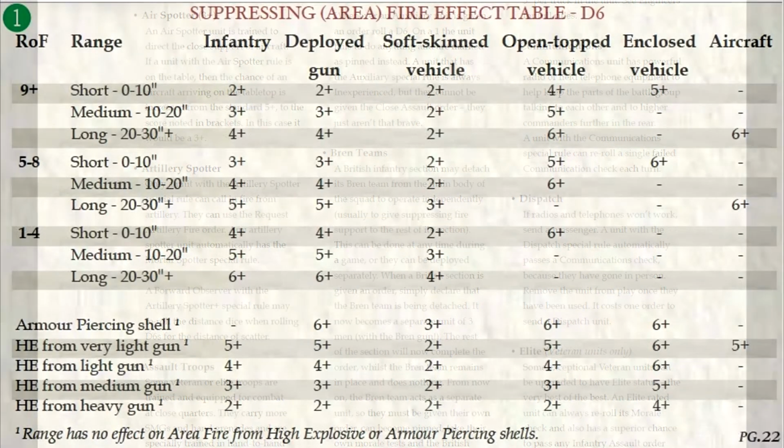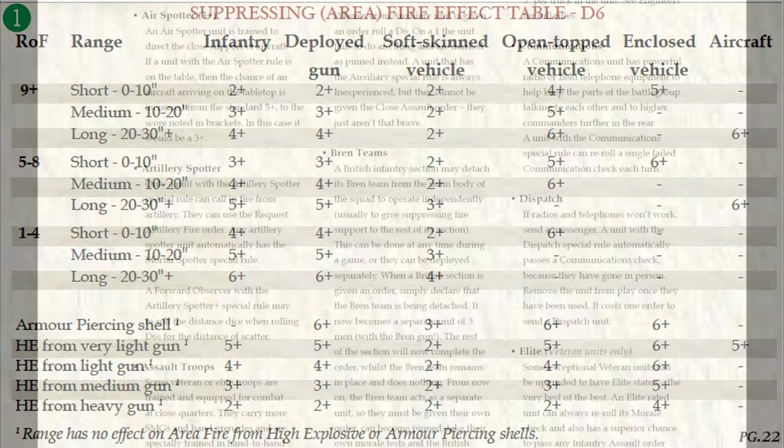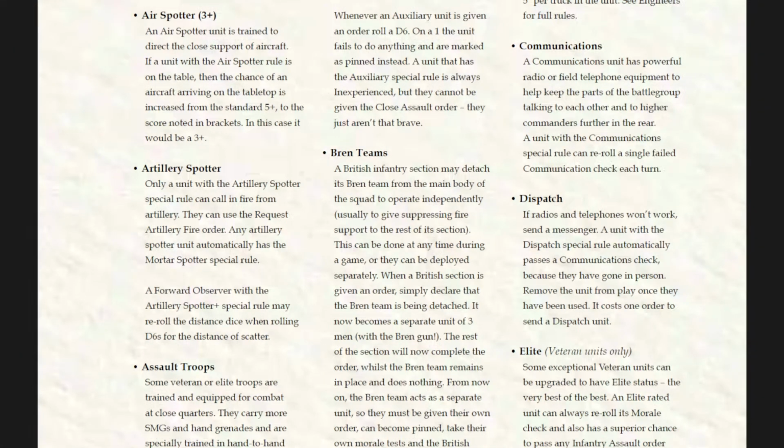So a unit with a rate of fire of 3 would use the 5 to 9 band when resolving suppressive fire. A unit with a rate of fire of 5 would use the band 10 plus when resolving suppressive fire. That represents the squad's extra firepower and their willingness to just shoot the place up. Fire superiority has no effect on aimed fire.